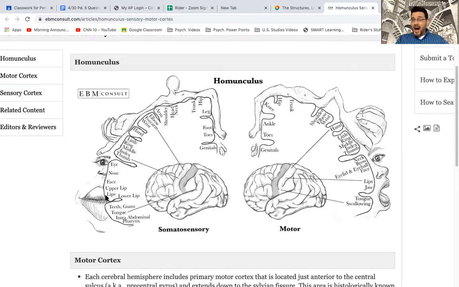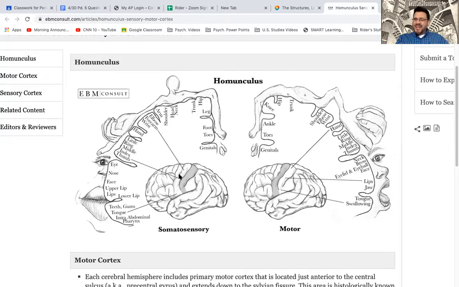Well, if our body parts were sized relative to how much space they take up in the sensory cortex, we'd look something like this. Look at this. We would have ginormous lips and tongue, okay?